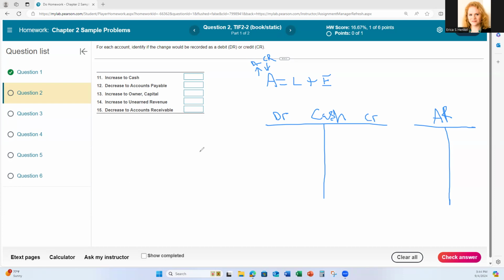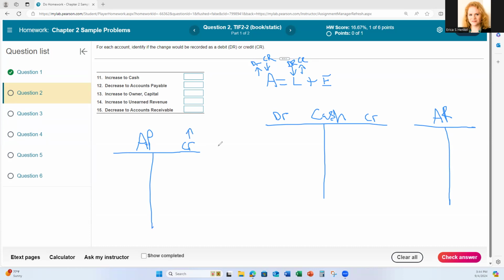Now, if I have a liability, let's do an accounts payable here. This is a liability account, anything that's on the right-hand side of the accounting equation. They actually increase by credits, and they decrease by debits. So if I owe other people more money, then I would record that on the credit side here.